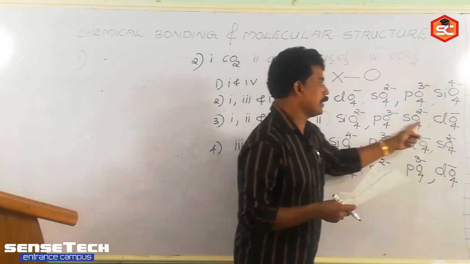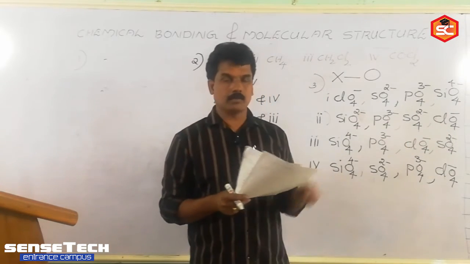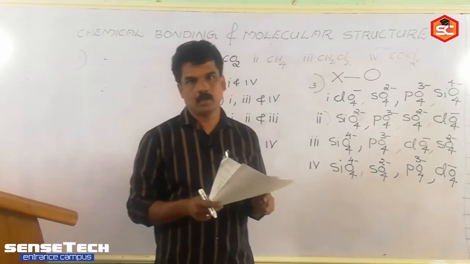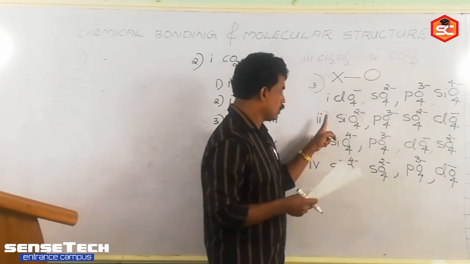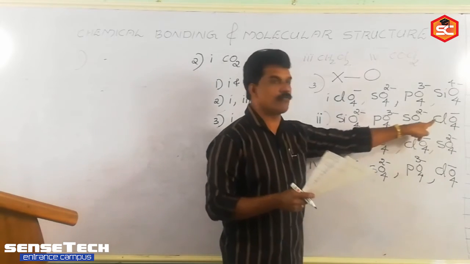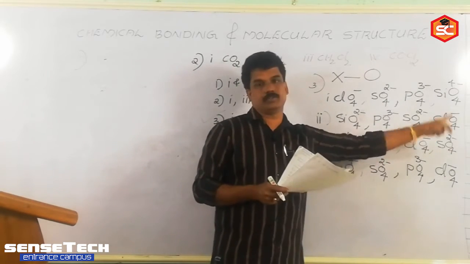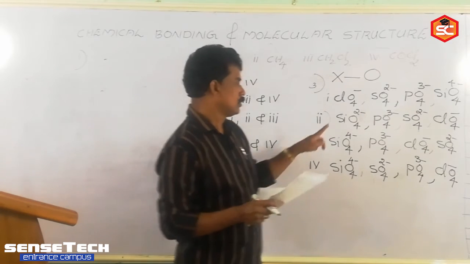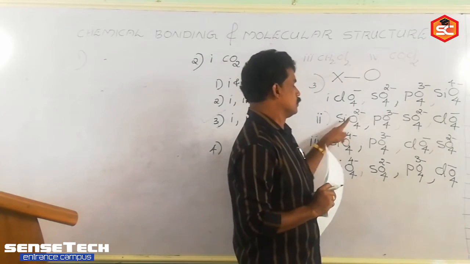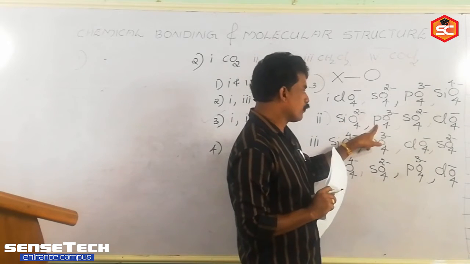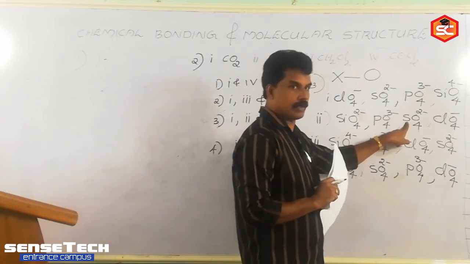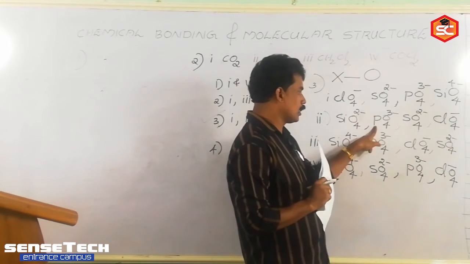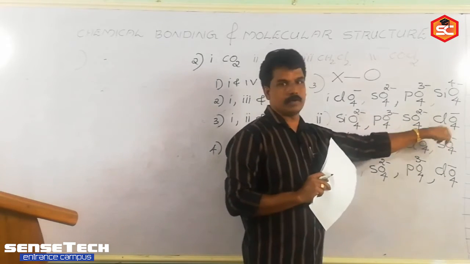So this is the decreasing order of their bond length that we can predict on the basis of the difference in electronegativity between the atoms. Oxygen is common; then silicon, phosphorus, sulfur, chlorine is the order of electronegativity. Silicon is a metalloid, then phosphorus a non-metal, then sulfur, then chlorine.